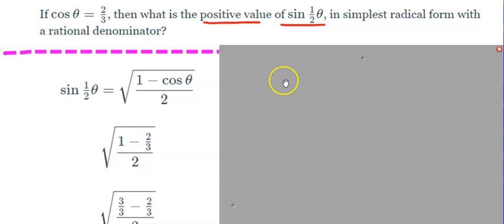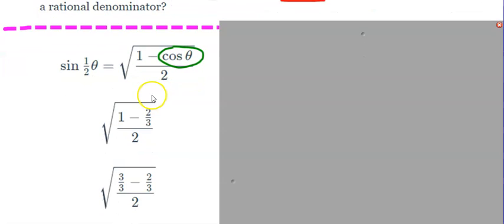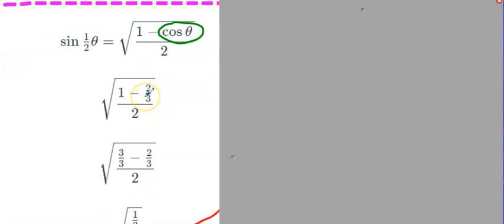The first step is to take the cosine function that we were given and plug that in, or substitute that into the formula. So now it's 1 minus 2/3. The next step would be to combine the values on the top. Well, 1 is not a fraction, but you can convert that into a fraction.